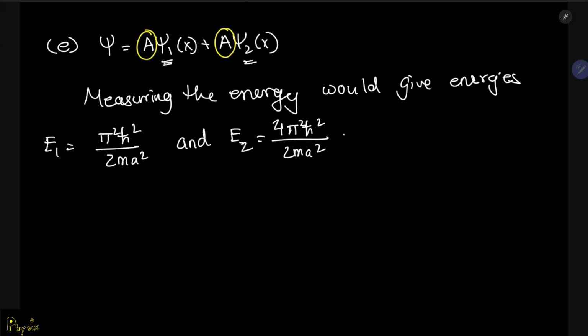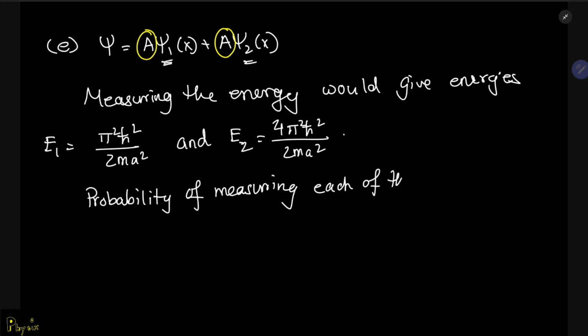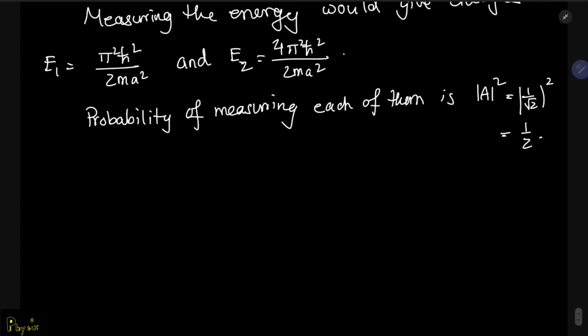And so the probability of measuring each of them is a squared, right? And we know that a is equal to 1 over the square root of 2, which we found out previously, and this is basically 1/2.